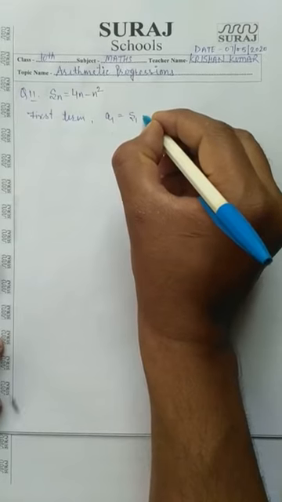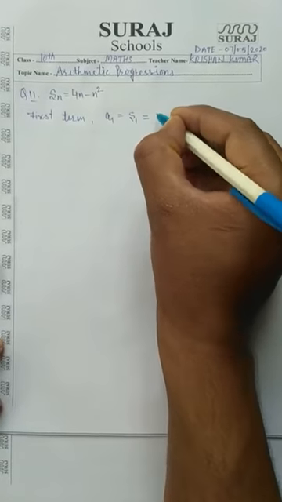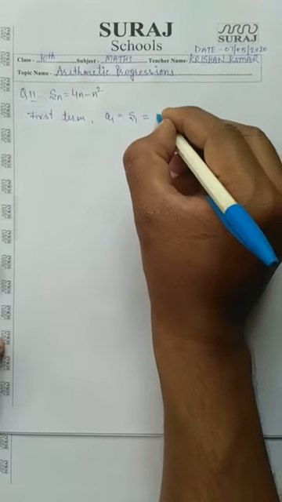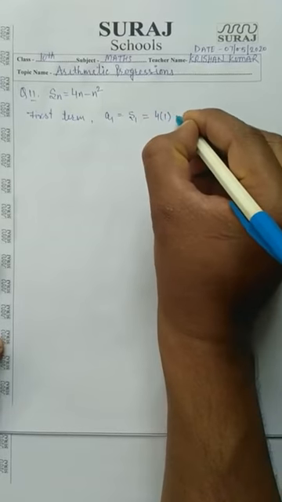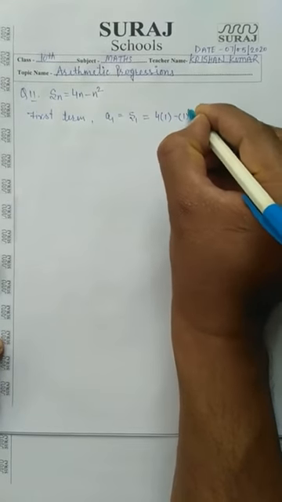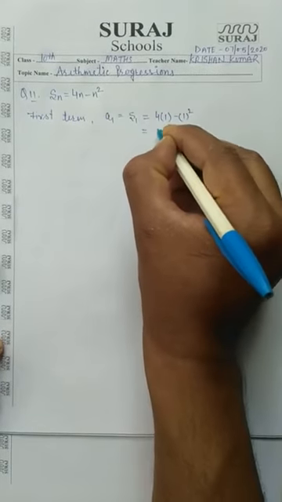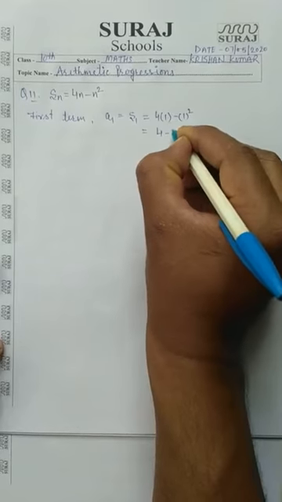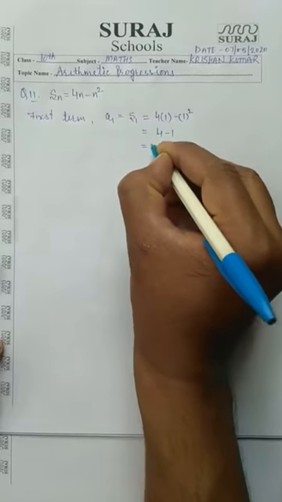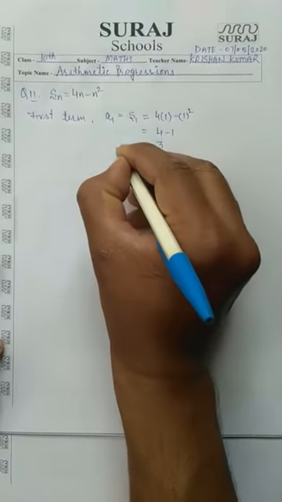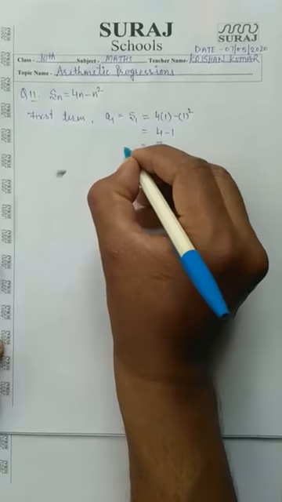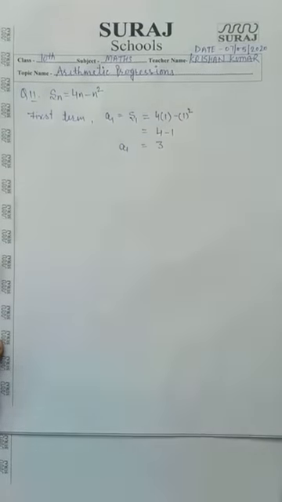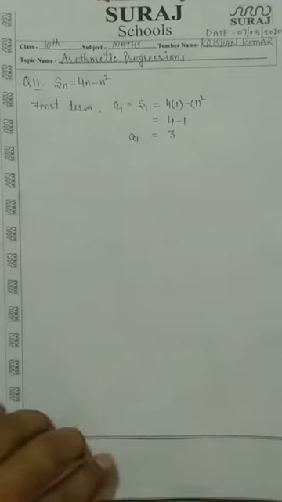So place the value n equal to 1 in Sn: 4 into 1 minus 1 square. 4 times 1 is 4, 1 square is 1. That is 3. So the first term is 3. A1 is 3.